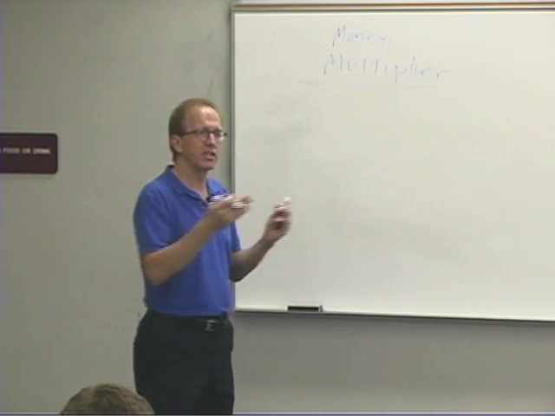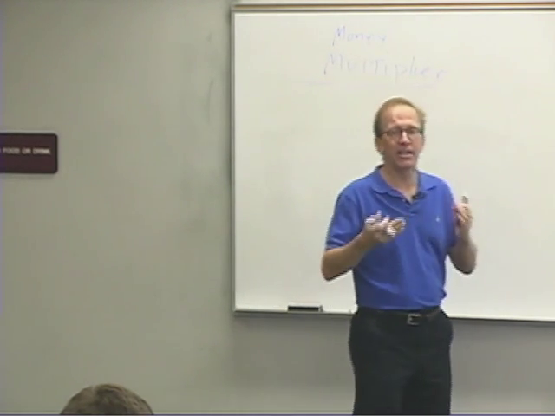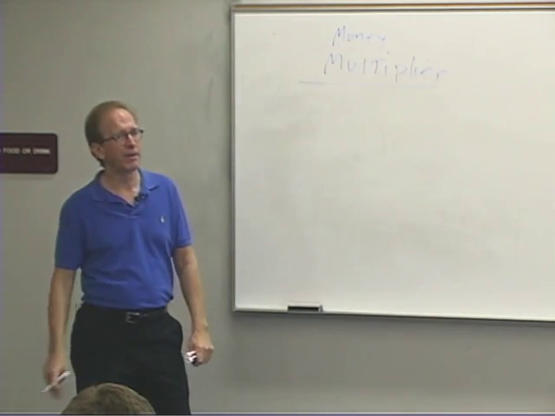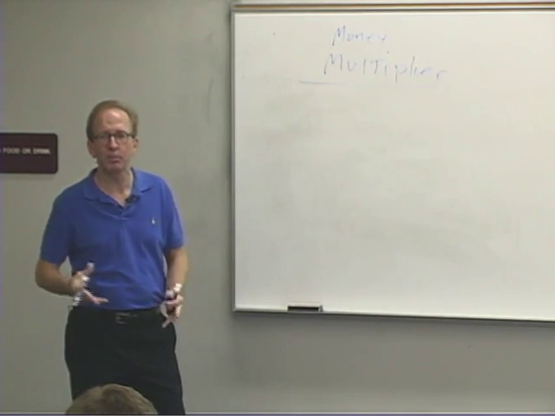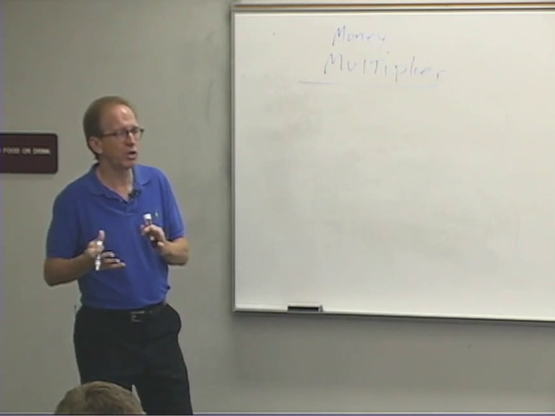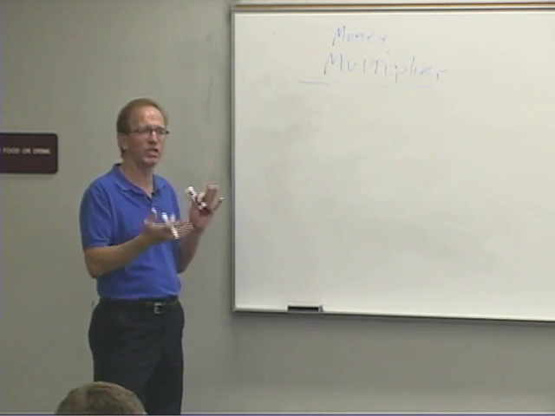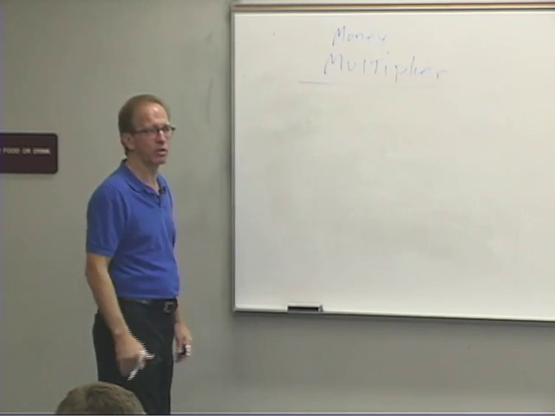Nowadays it occurs with the Federal Reserve, which is driving the process. But I don't want you to think there's anything about the money multiplier that is new or confined to Federal Reserve days.